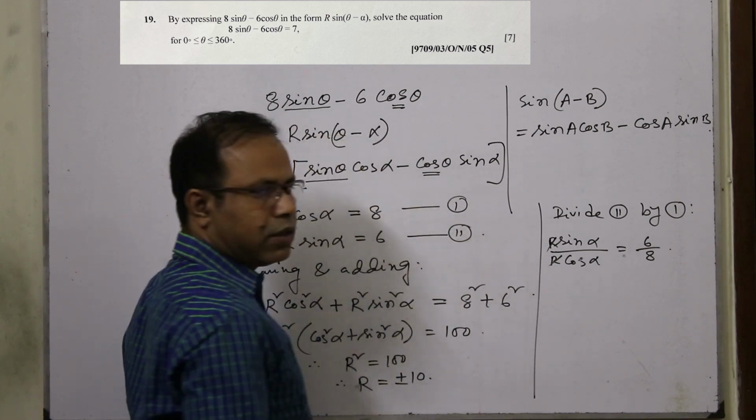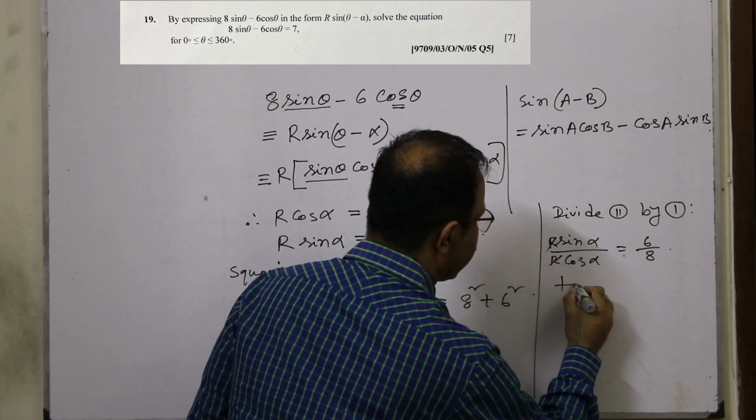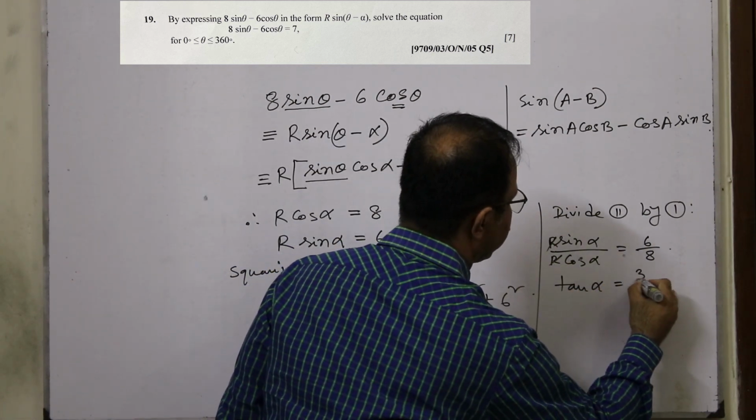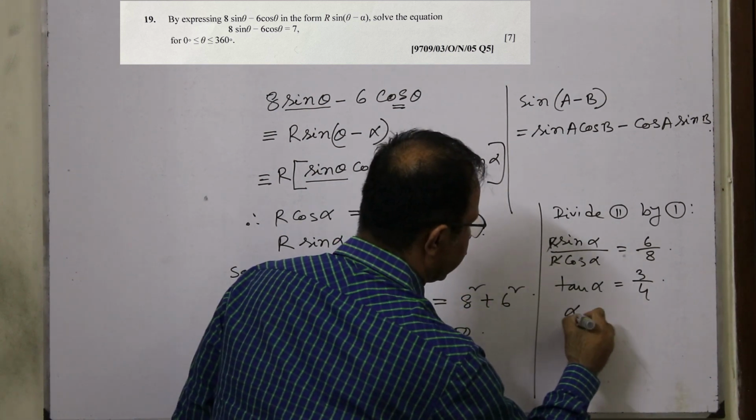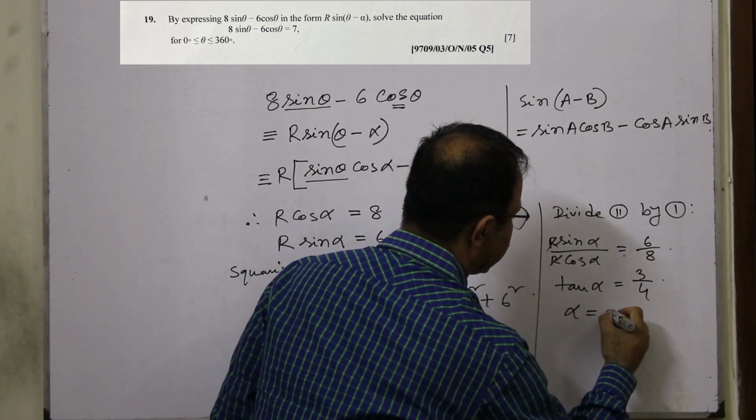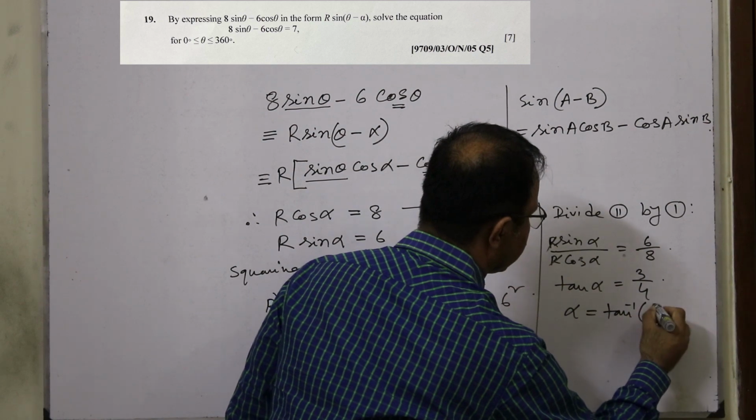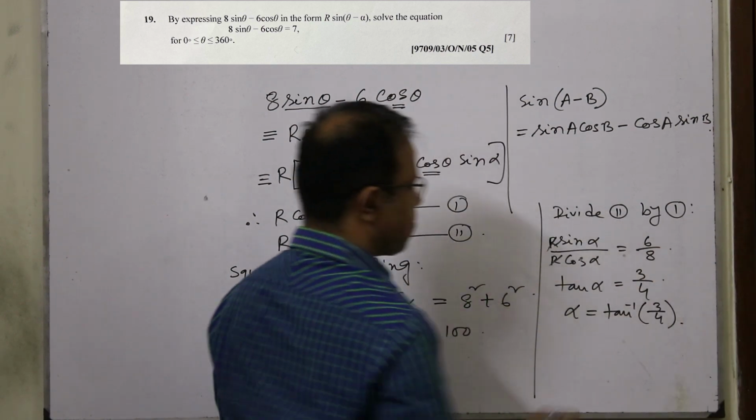So tan alpha equals 3 over 4. So we can easily find alpha is tan inverse 3 over 4.